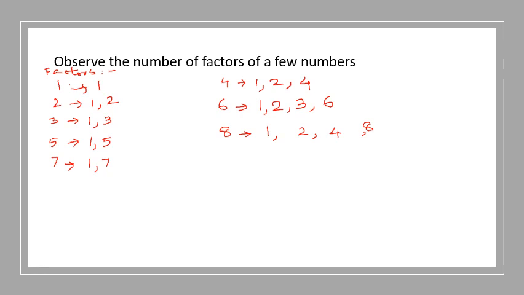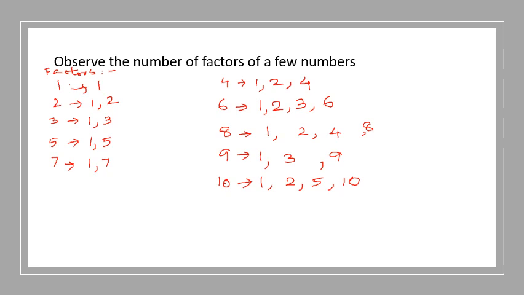What about 9? 1 and 9, and 3 into 3 is also 9. So 3 into 3 we need not write 2 times; we'll write it only one time. 1, 3 and 9 are the factors. What about 10? We have just now written 1, 2, 5 and 10 are the factors.